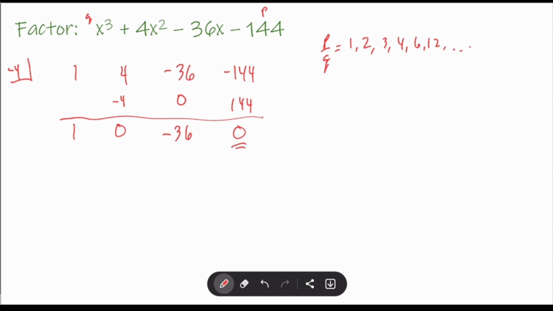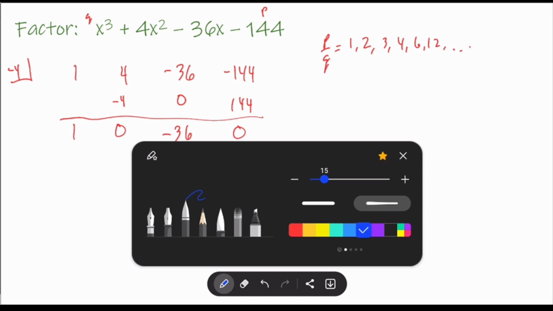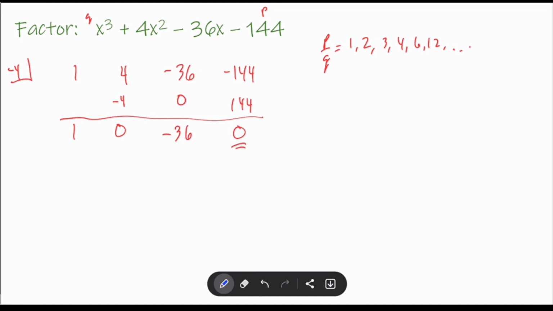So that means one of the factors is x, since it's negative, so you put the opposite sign, which is +4. And then times the 1, which is 1x squared, or just simply x squared. And then the 0 is 0x, you don't need to write that, and then the -36.